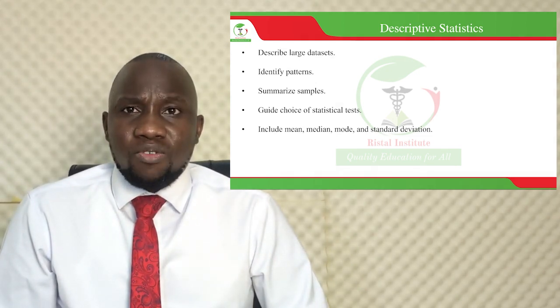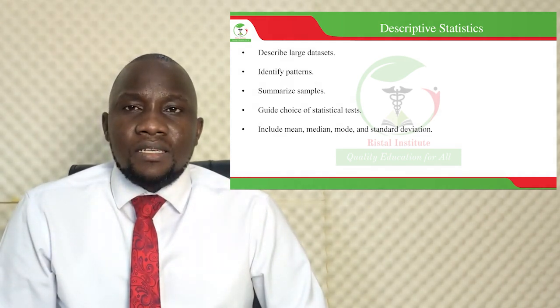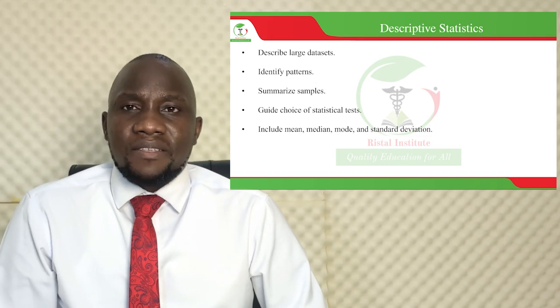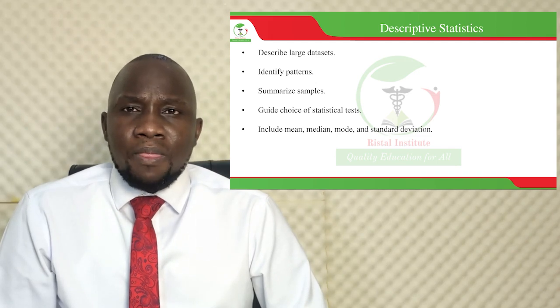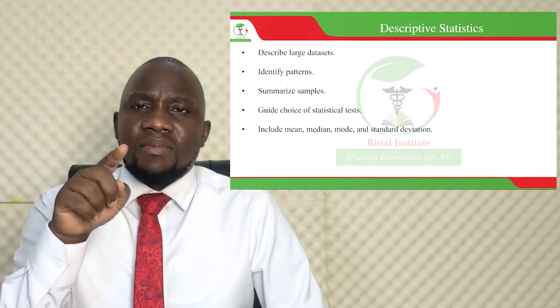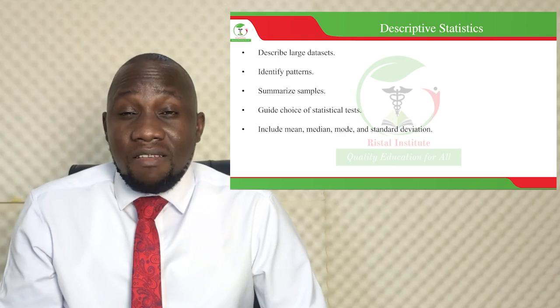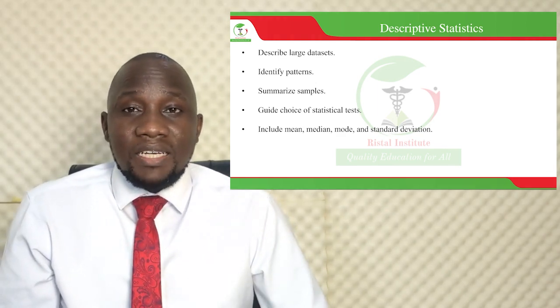For example, we have a table of 100 students that have scored different marks in a test, and you look at that table, there is a name and then the score, a name and the score, name and score.